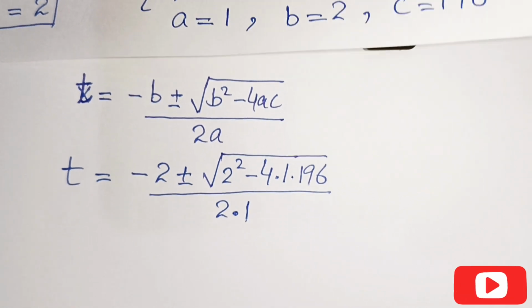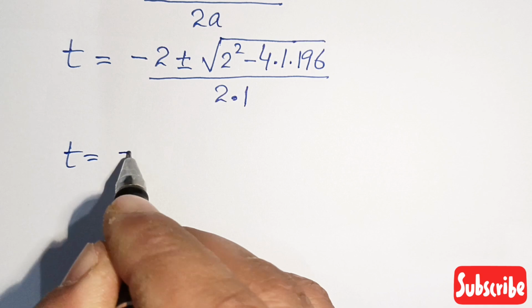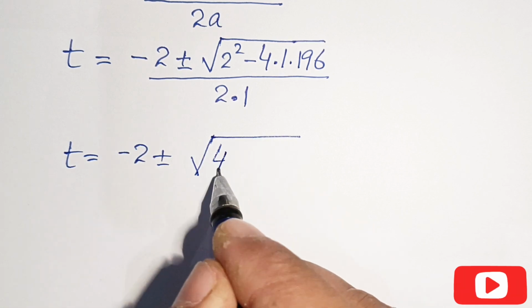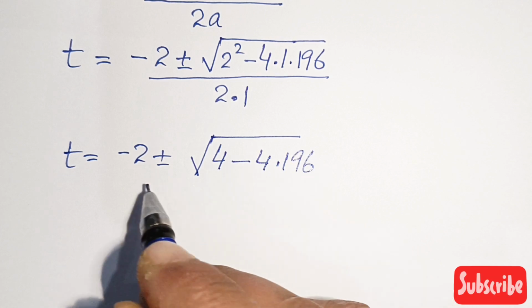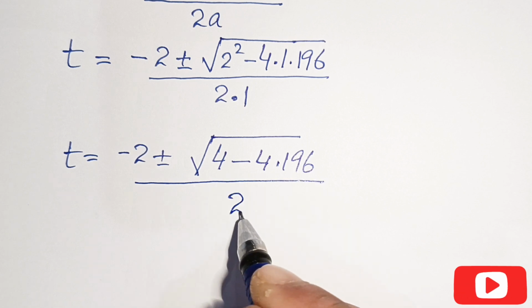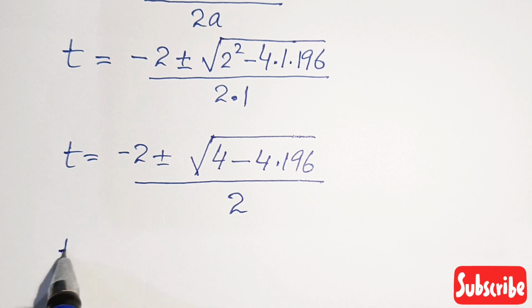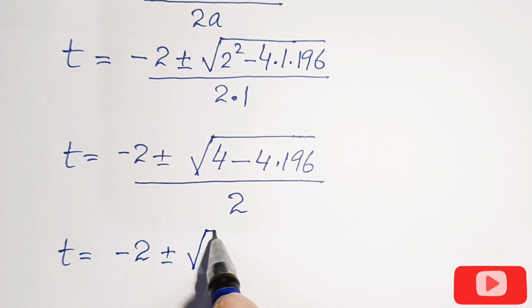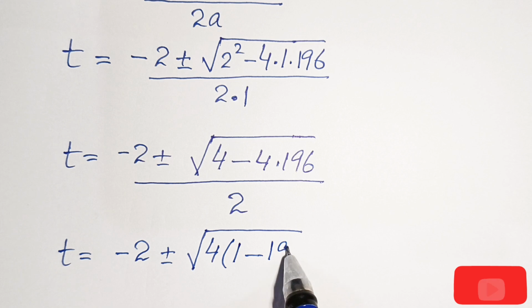So our next step will be t is equal to minus 2 plus minus square root of 2 squared is 4 minus 4 times 1 is 4 times 196 all over 2 times 1 is 2. Now here we have t is equal to minus 2 plus minus square root of, here if we just take 4 as common, we get 1 minus 196 all over 2.